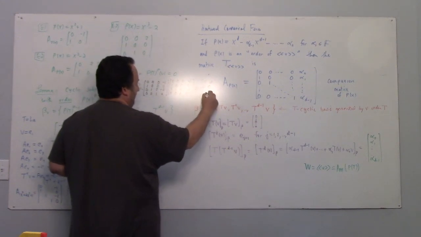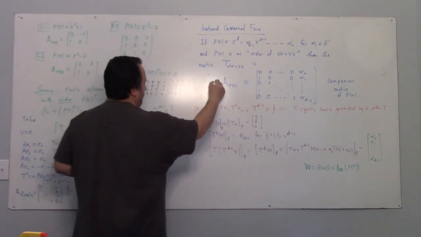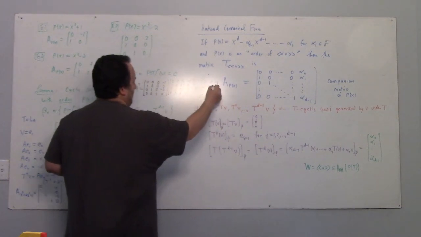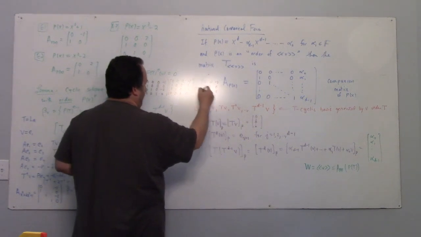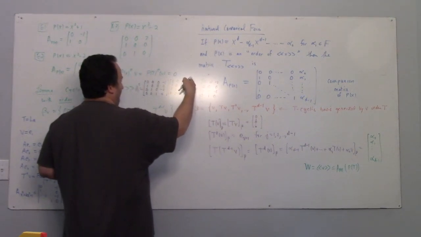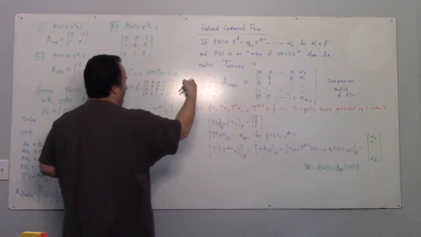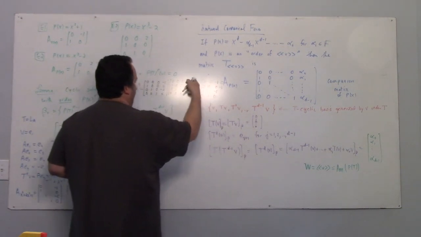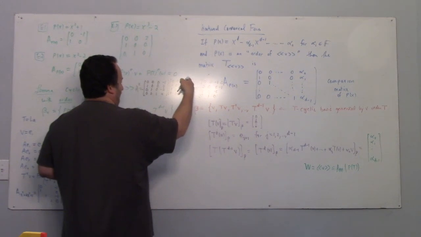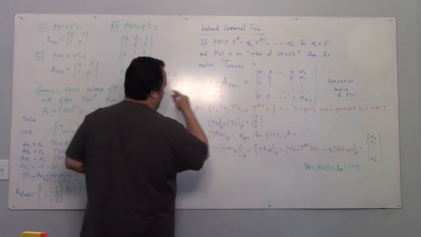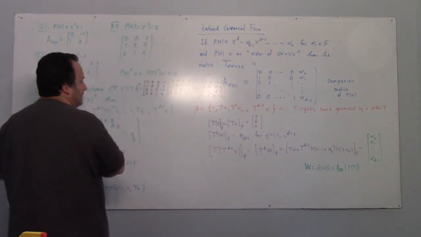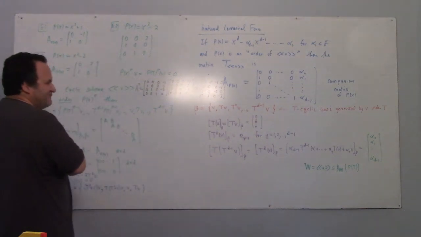This column times this one is 1. This column is 0. Wait, minus 1. Minus 1, 0, minus 2, 0. And then this column times that is 0. This is minus 1. Right, so this is 0.